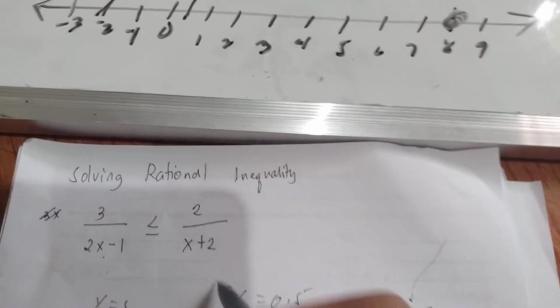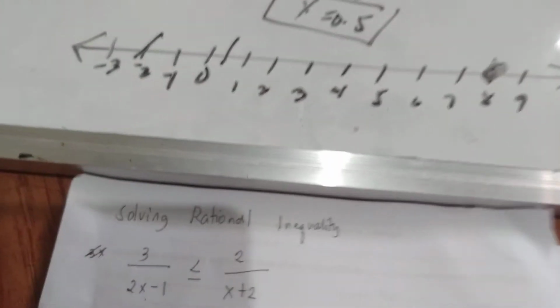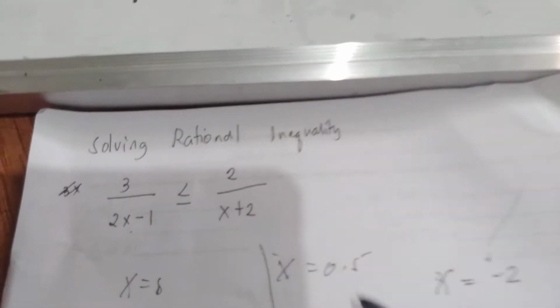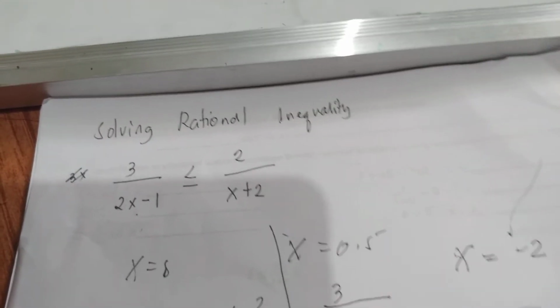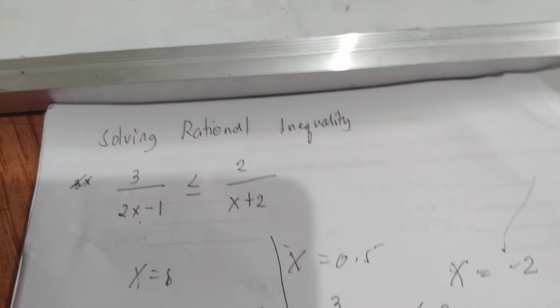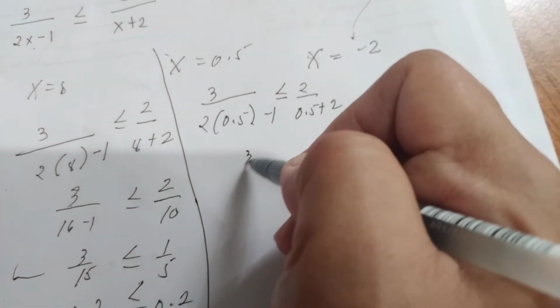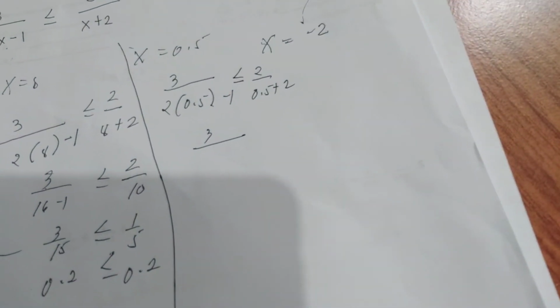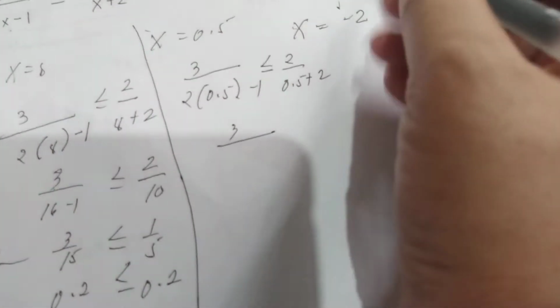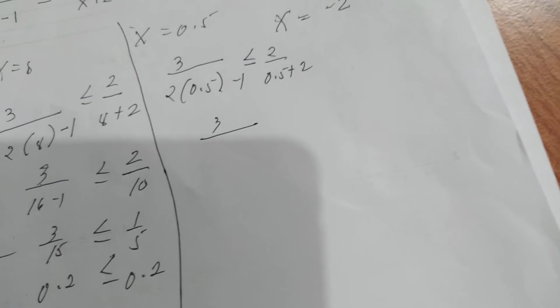Then, let's try 0.5. So, kung 0.5 naman, substitute ulit natin dito. So, that will be 3 over 2 times 0.5 minus 1 is less than or equal to 2 over 0.5 plus 2. So, that will be 3 over 2 times 0.5. Sorry, 2 times 0.5, that is 1.